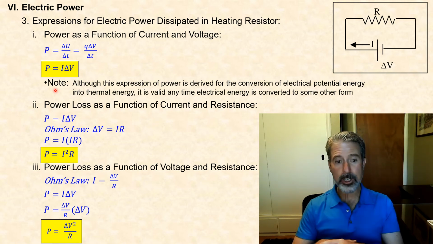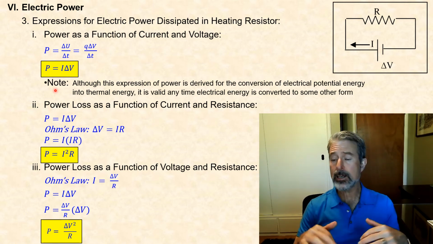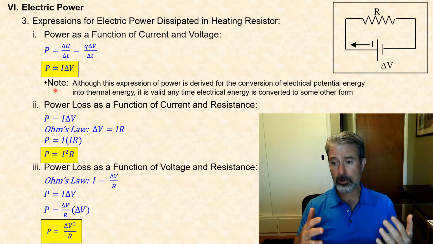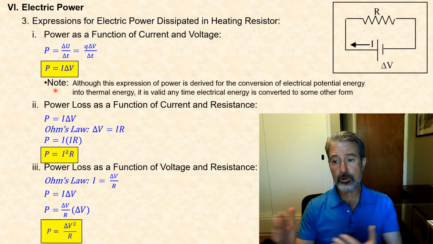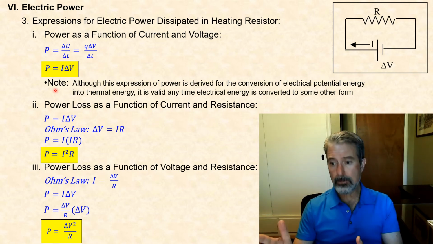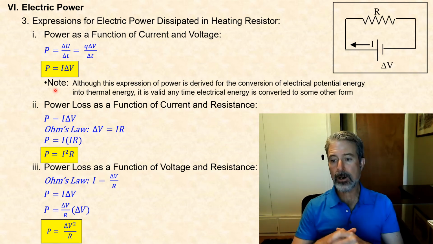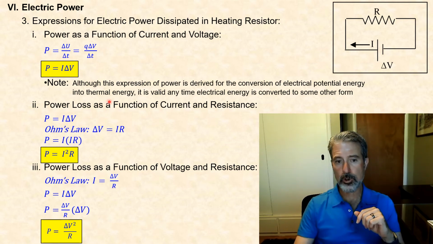The second expression here, I squared R, is sometimes referred to as the I squared R power loss, and this specifically applies to the loss of electrical energy, the rate at which electrical energy is lost, due to thermal energy, due to heating as that charge moves through the circuit.